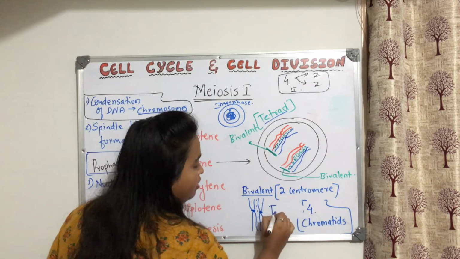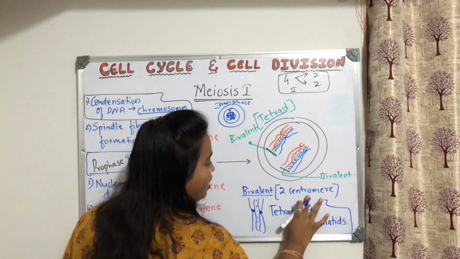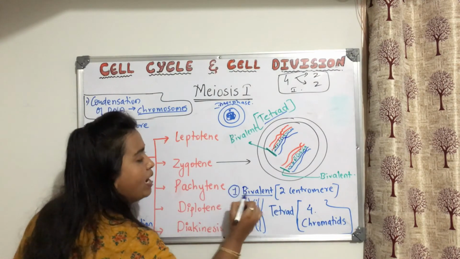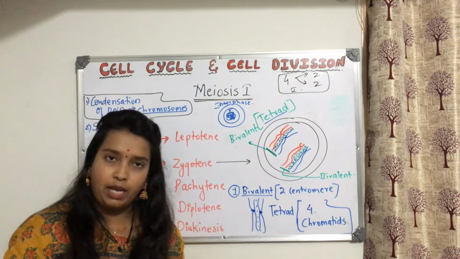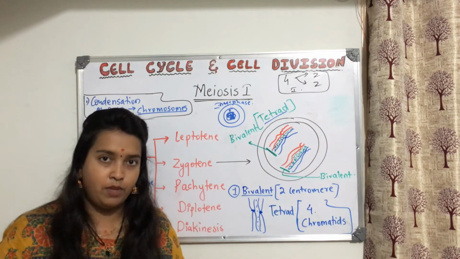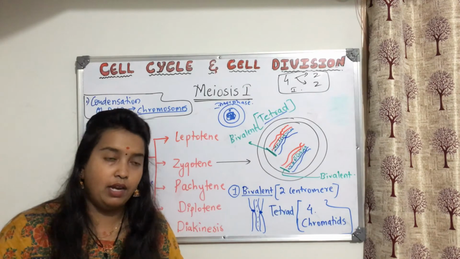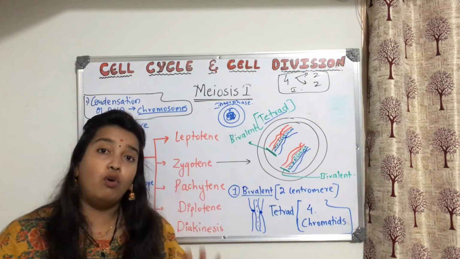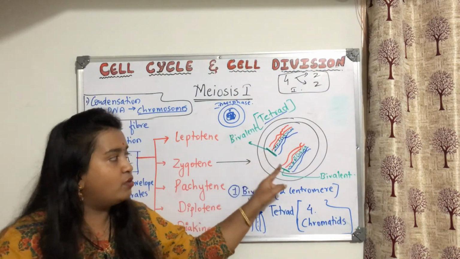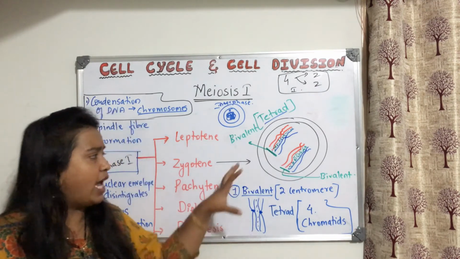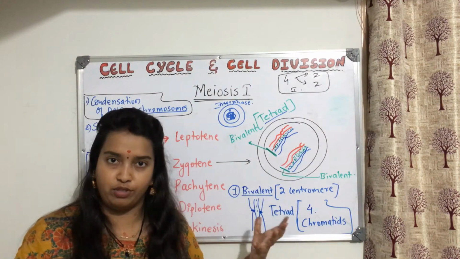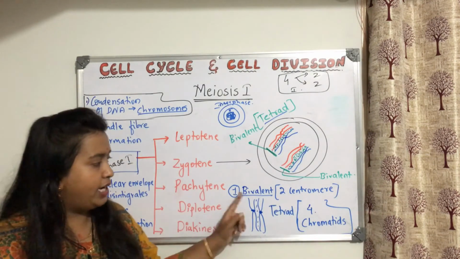But one more thing: one bivalent will have 2 centromeres, meaning 2 complete chromosomes, and 4 chromatids. We call it a bivalent because it has 2 centromeres, and a tetrad because it has 4 chromatids. In this cell, how many bivalents did you see? This is one bivalent, this is one bivalent. Clear? Zygotene is very important because of synapsis, the pairing of homologous chromosomes. I hope you understood this much. Take down this much.